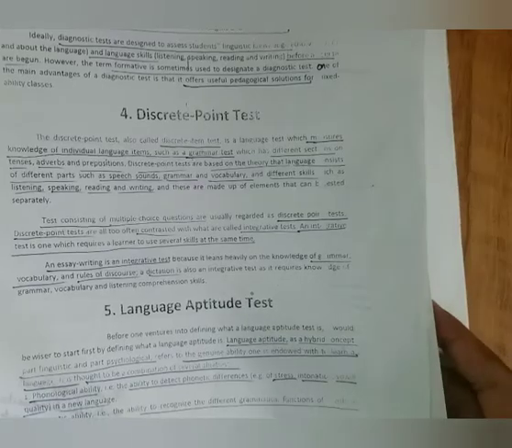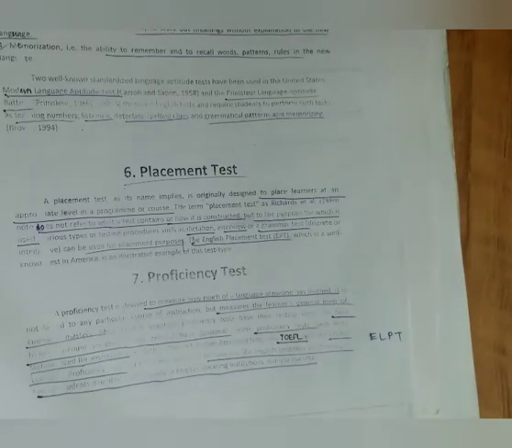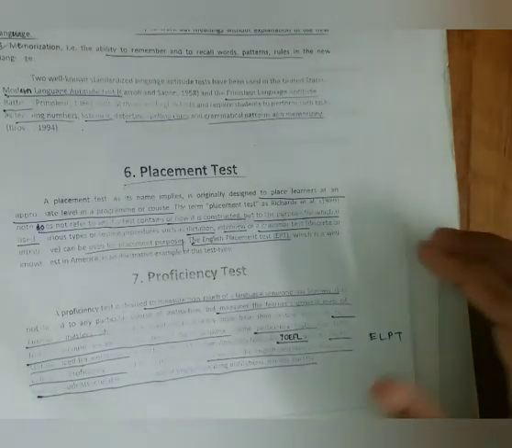Discrete point test is all about grammar questions. And there is language aptitude test. Then placement test. According to this, you will be placed in a program or a course. Then there is proficiency test, in order to measure how much of the language someone has learned. So this is all about language test, okay?